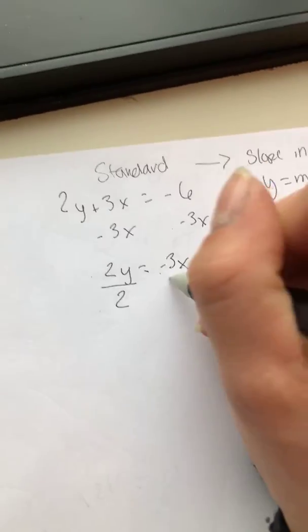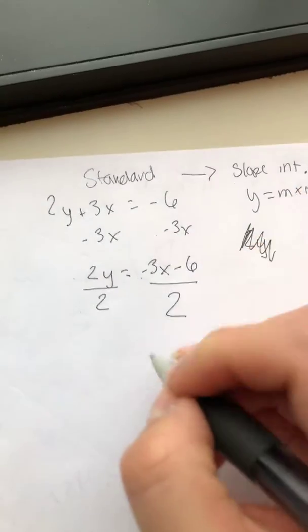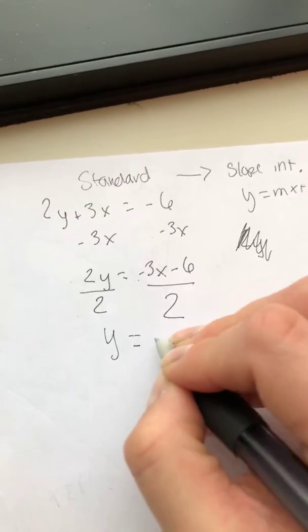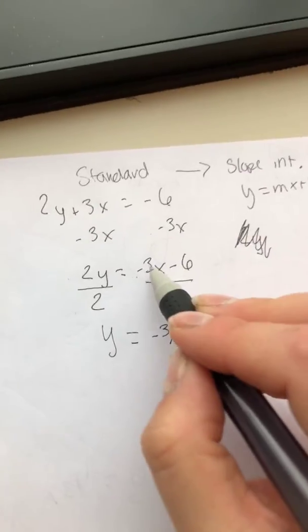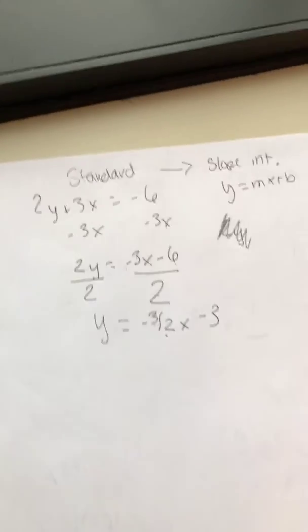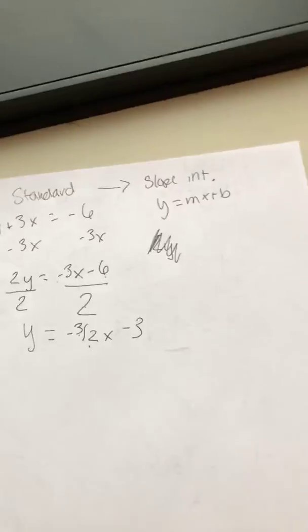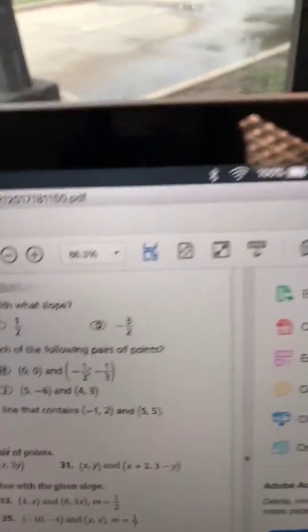My y is not isolated yet, so I'm going to divide by 2 on both sides. I end up with y equals negative 3 halves x minus 3, because negative 3 divided by 2 is negative 3 halves. Negative 6 divided by 2 is negative 3. So that is going to be answer choice letter D.